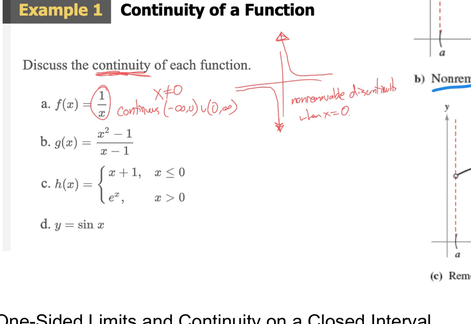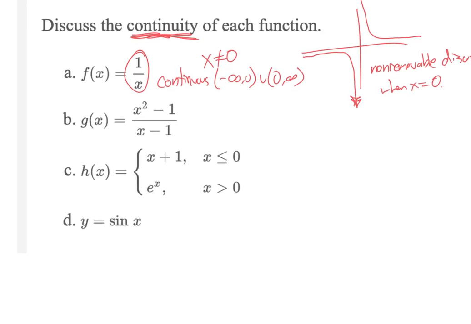So that's how we describe the continuity. We want to give the intervals where it is continuous, or perhaps state where it has discontinuities and say that it's continuous everywhere else. Now again, in a square root function, stating the continuity is related to the domain, so we may want to state that explicitly in that case.